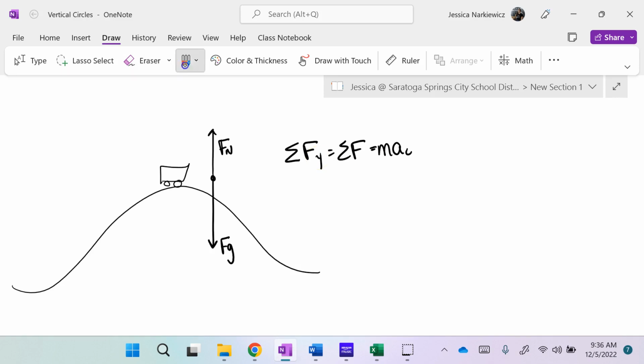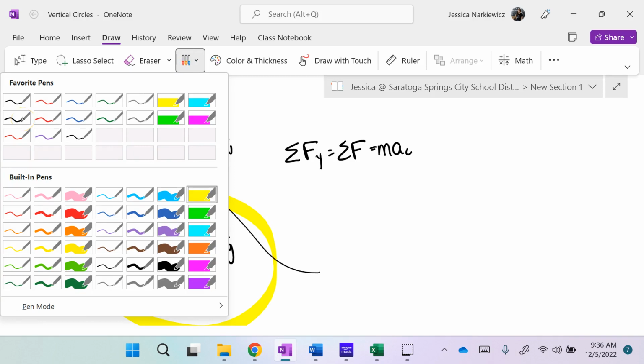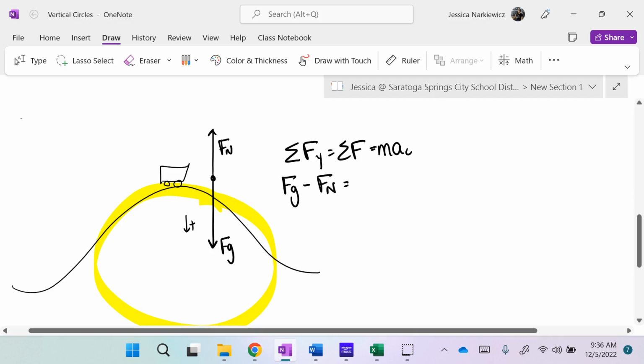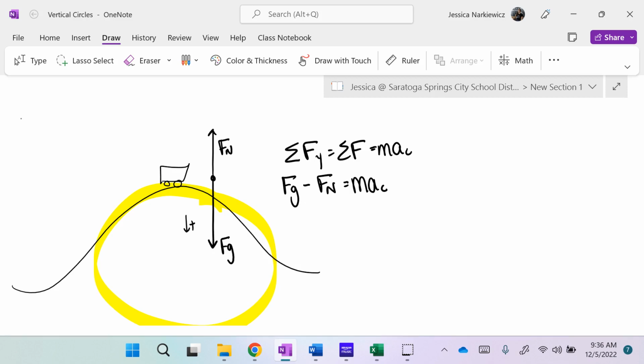Okay, and into the center of the circle here, well, this is my circle. So the force that's pointing into the center of the circle is Fg. We said into the center of the circle is positive. So this is Fg minus Fn is ma_c. And that is how we would solve that problem, right? Fg minus Fn is mv squared over r.